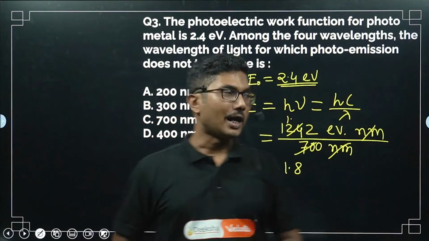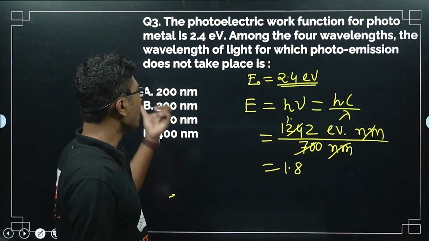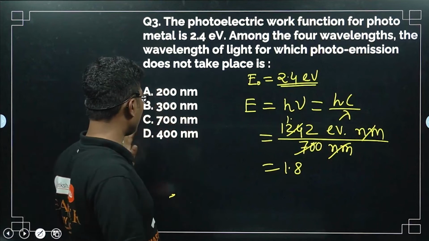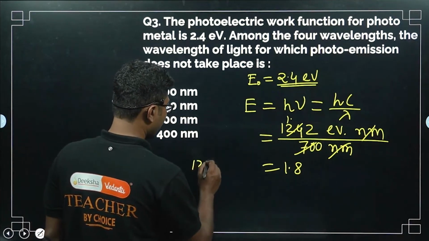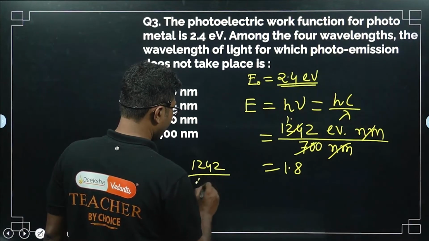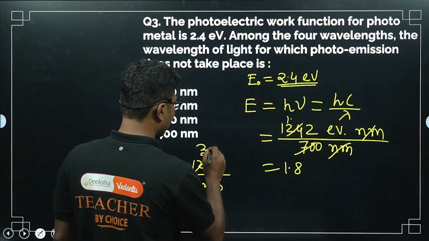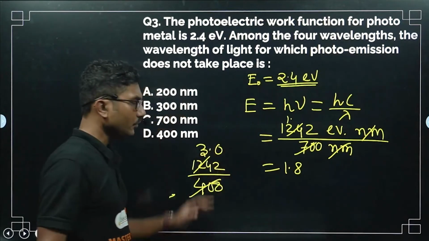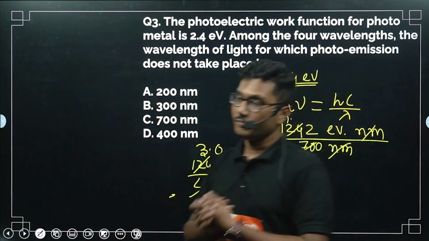That means photo emission is not possible for 700 nanometer. If you put any other value, you will get greater than 2.4 electron volt. You can try the next bigger, that is 400. For 400, 1242 divided by 400, you will get some 3 point something. So 3.0 is greater than 2.4 electron volt, so definitely photo emission is possible.